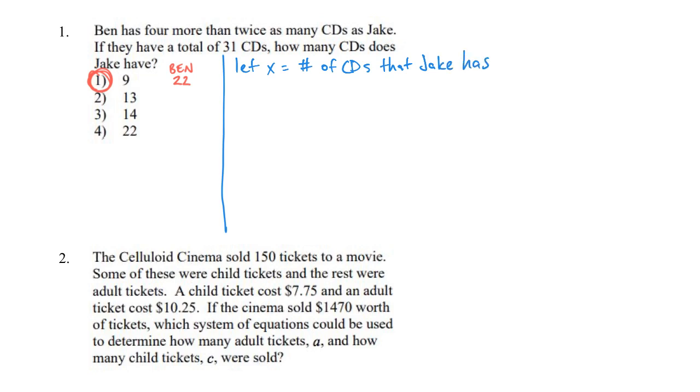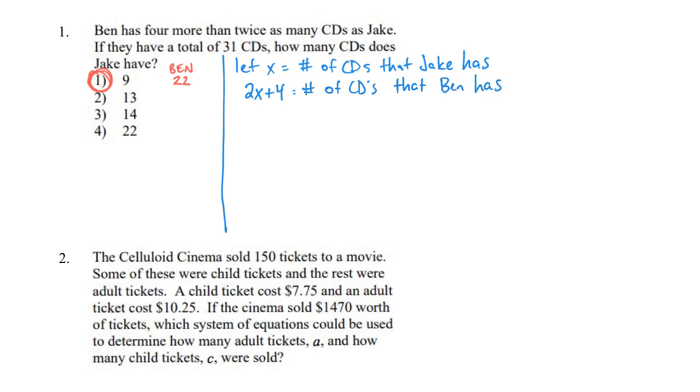So that means that Ben, if he has 4 more than twice as many as Jake, and Jake has X, that means that Ben is going to have 2X plus 4. 4 more than twice as many. So this is going to be the number of CDs that Ben has.